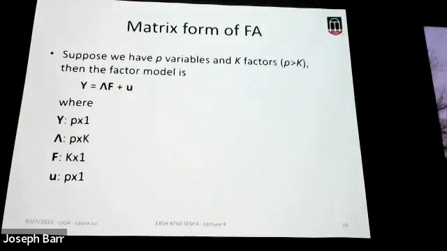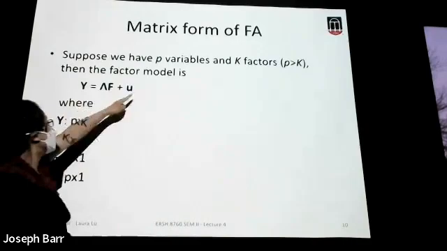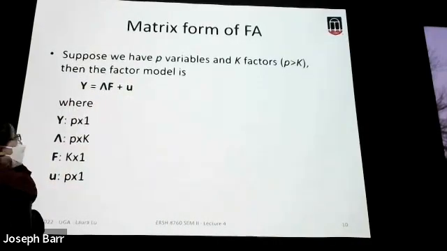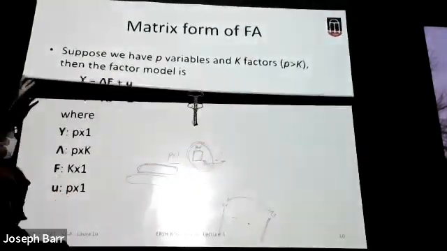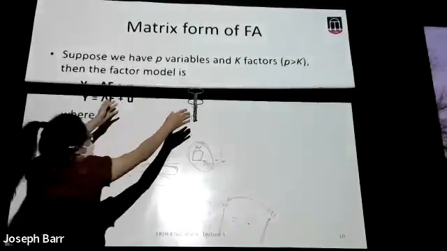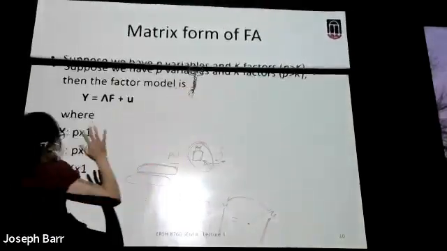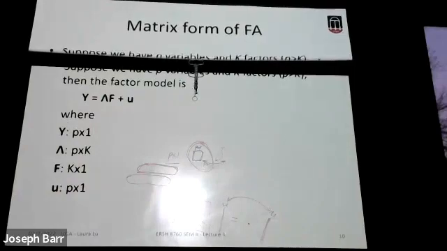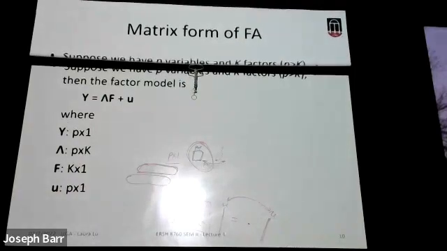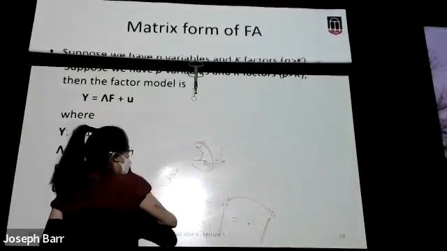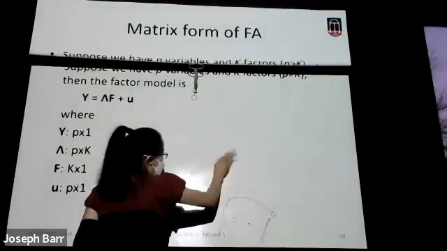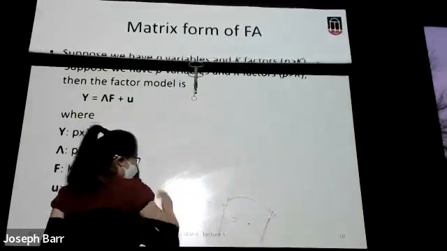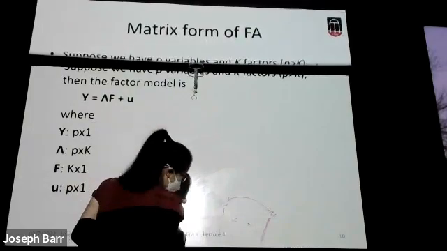Now let's apply the matrix form to the factor analysis. Here, I only have this simple form. So what are these? Y is the vector of the previous Y. We have a lot of Y here, but actually this is a Y vector including p variables.